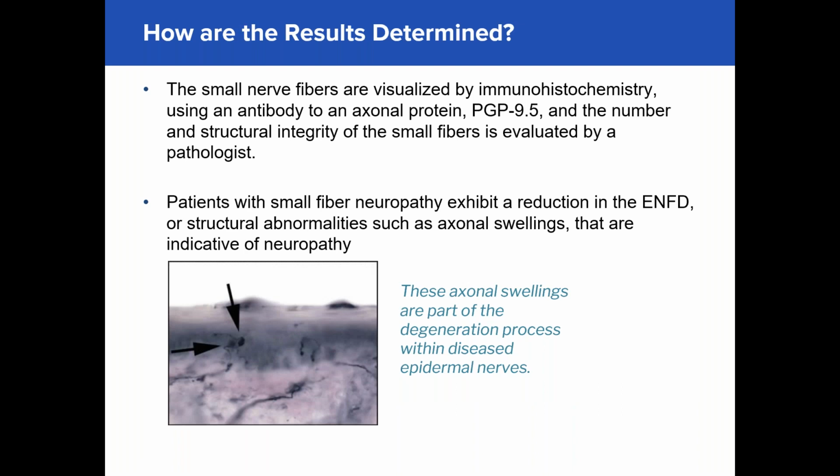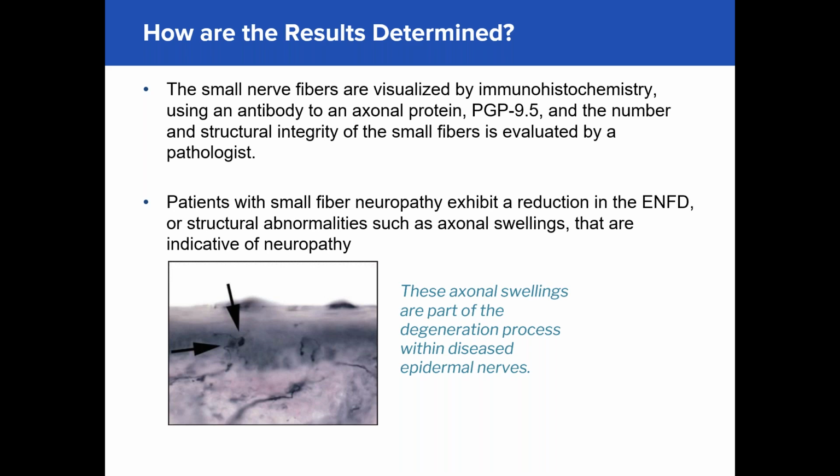So how are results determined? Once you get this biopsy and you send it in the proper fixative, what they're looking for is the small nerve fibers. This is done using an antibody that's going to stain the nerve.